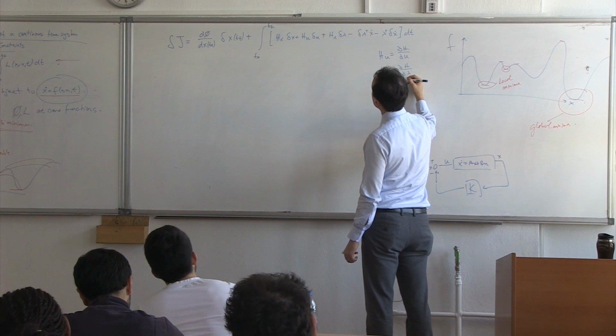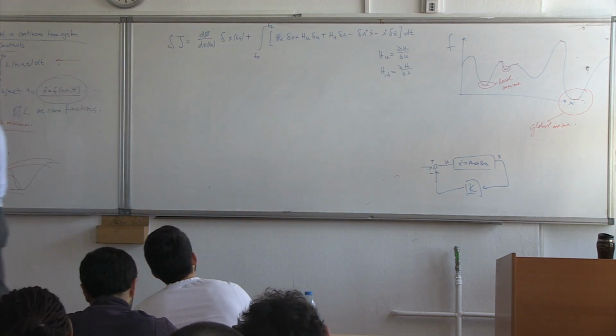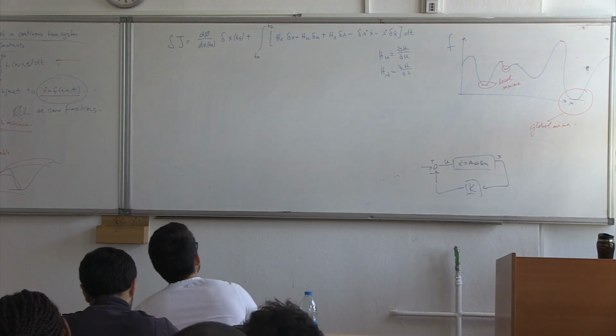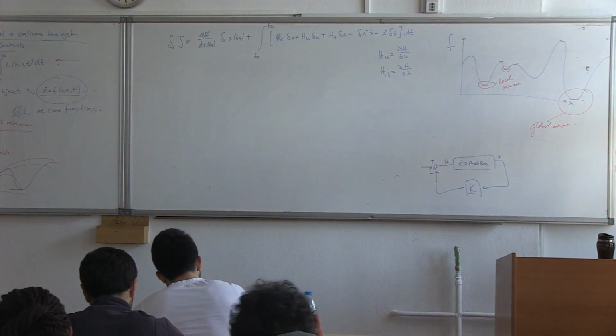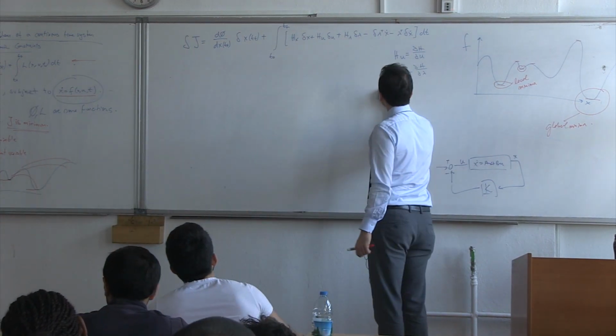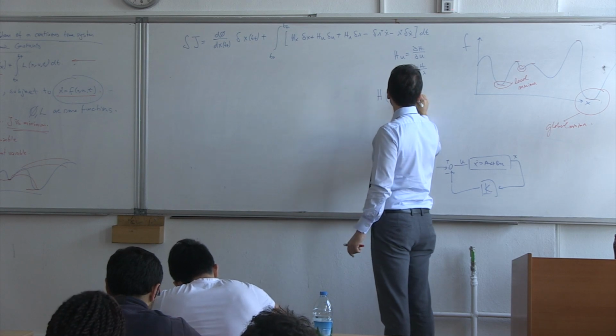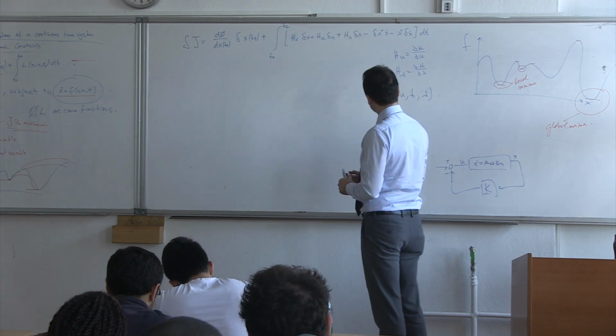What else? Yeah, that's that. So h is a function here, it's the Hamiltonian, and the Hamiltonian is actually a function of now x, u, t, and lambda.